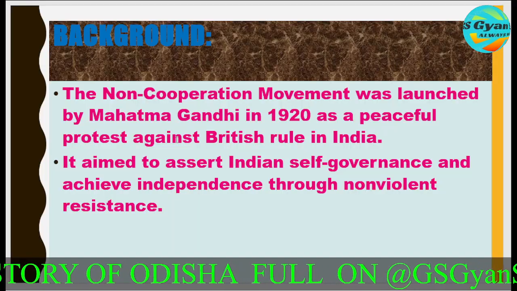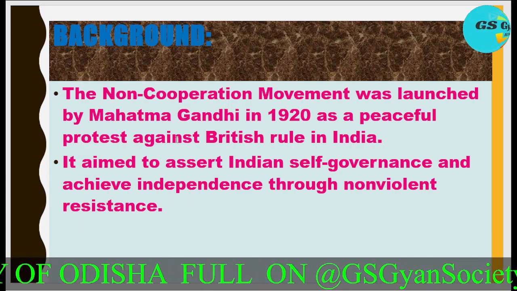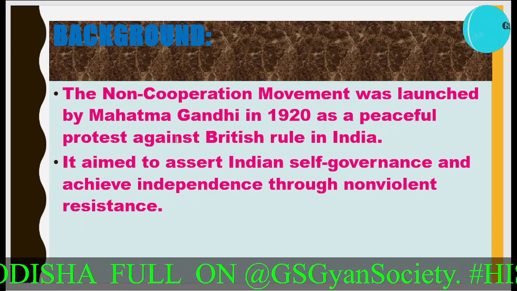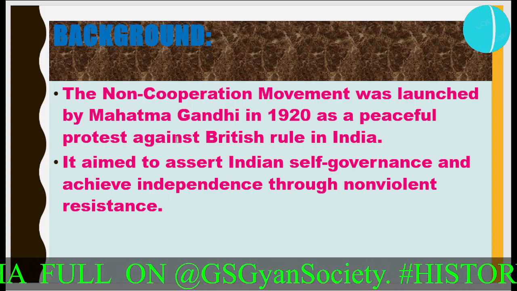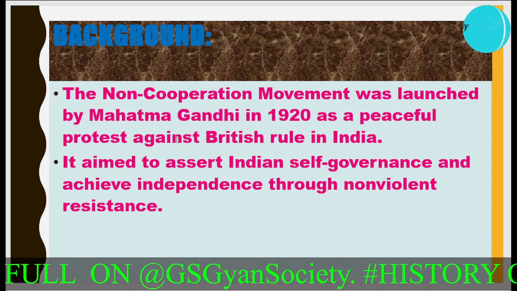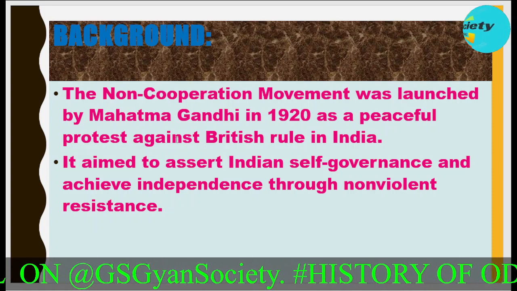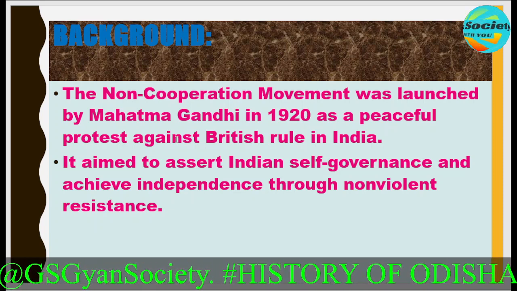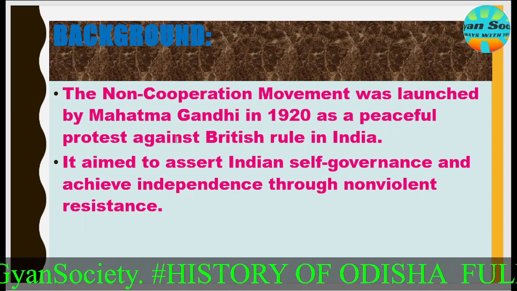Okay, the background is that when Gandhiji launched the non-cooperation movement in 1920, it was a peaceful movement against the British. When Gandhi entered Indian politics in 1919, he decided to launch a movement called the non-cooperation movement in 1920 against the British.